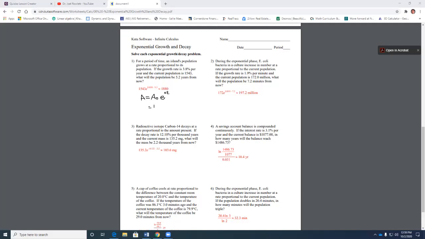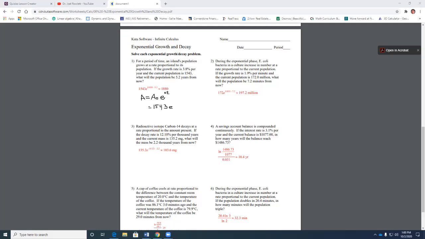So I'm going to substitute 1,543 in place of A naught. And of course, e is a number, right? It's about 2.71828. e is on your calculator, just like pi is, and you need to get familiar with it. It's on the left column of the calculator, about the third row from the bottom.